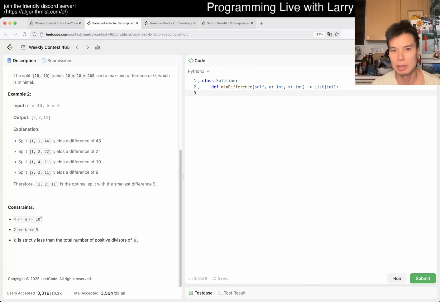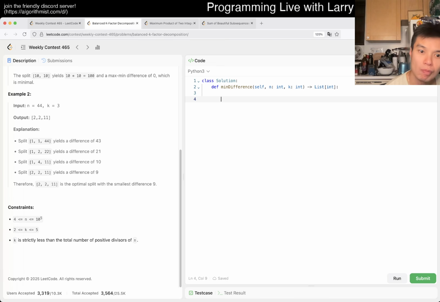How do I want to write this? I mean, I think it's just straightforward, but brute force, right? Is it brute force? Yeah, okay, maybe it is.